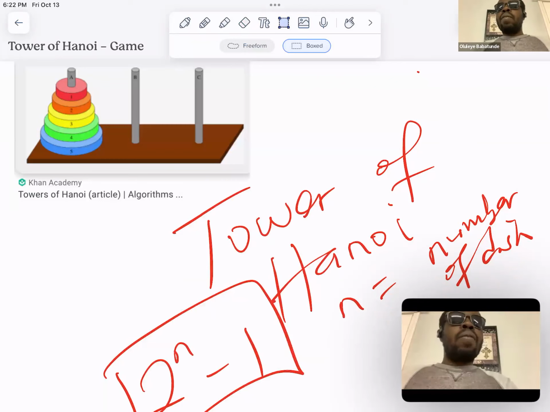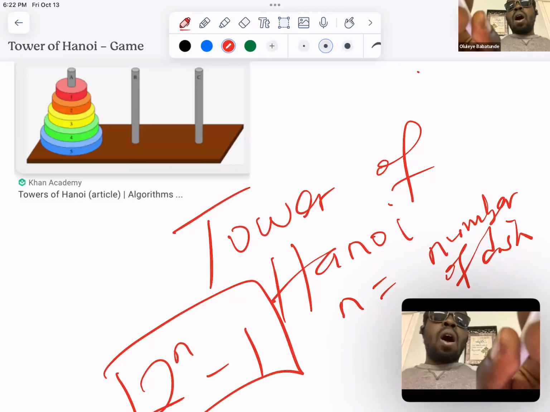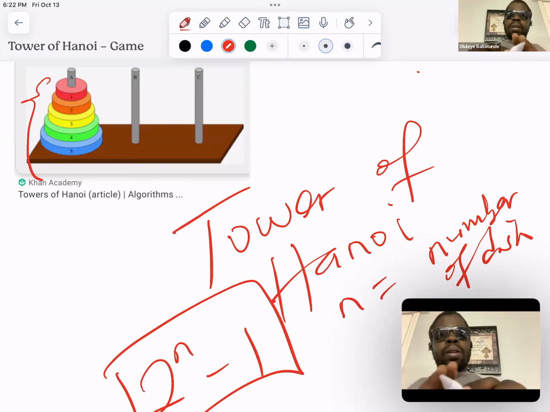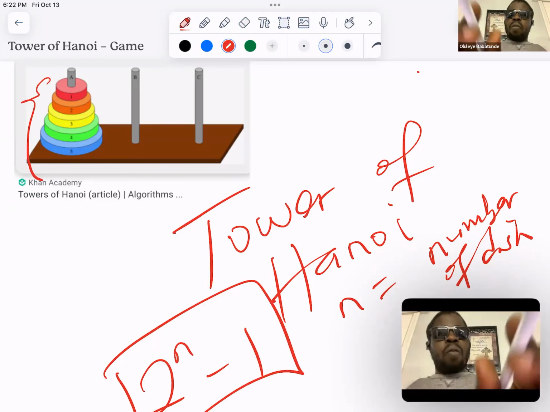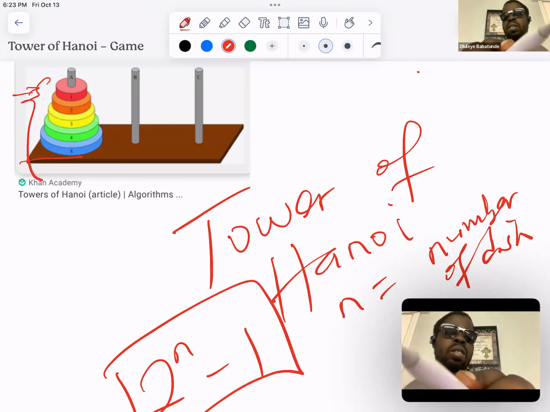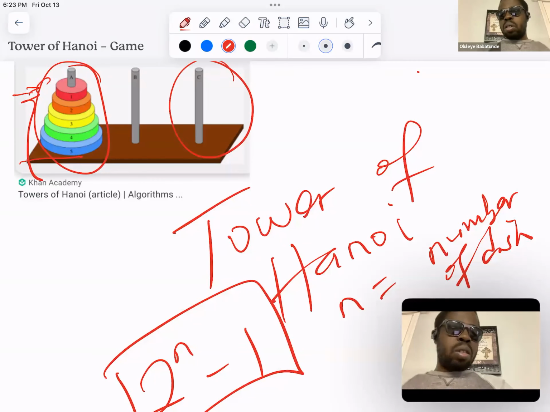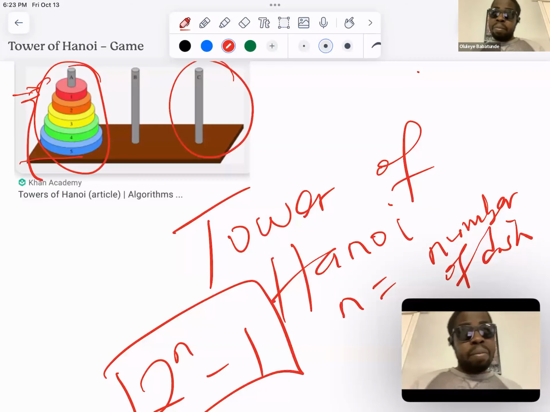Okay, so you have all these sticks. Now, look at the way it's arranged from the smallest disc to the largest one. And you want to move this stack onto the last rod, by following the rules of the game.